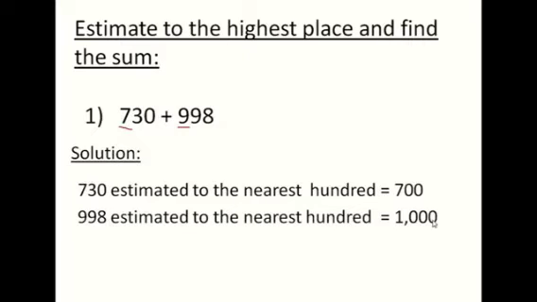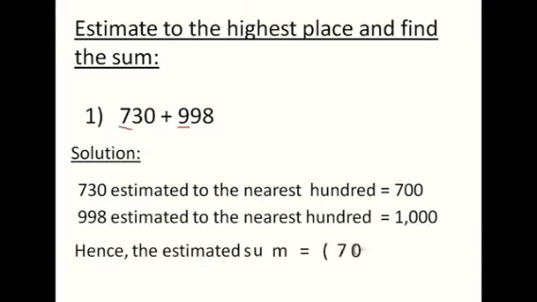Now you have to find out the addition. Addition of what? Addition of these two estimated values, meaning 700 and 1000. So you write, hence the estimated sum equals 700 plus 1000 will give you 1700.